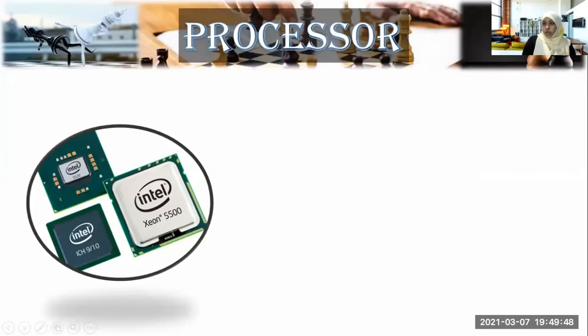So this is a CPU or a processor. It is not big. It is a small one, the size of a Munchee chocolate biscuit. And this is the most important part in the computer.